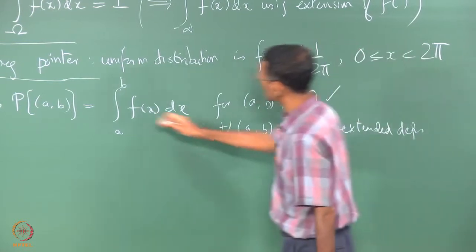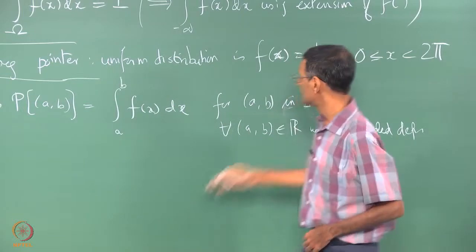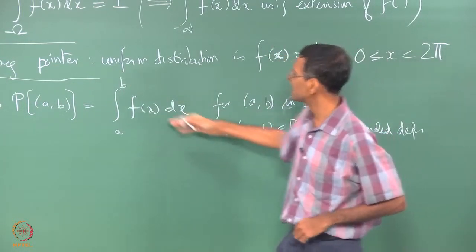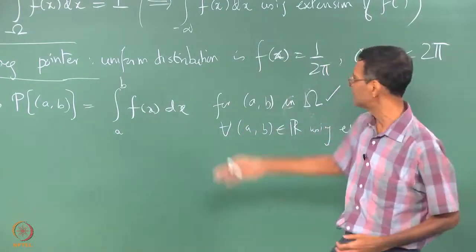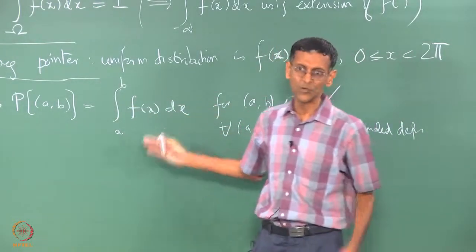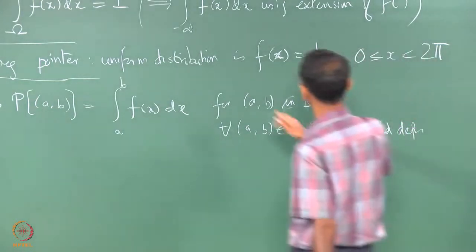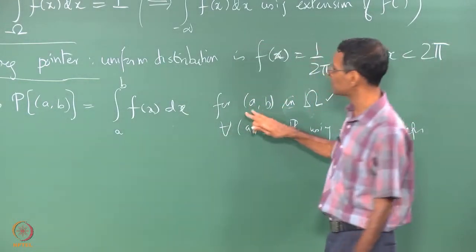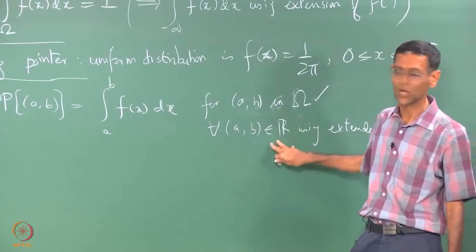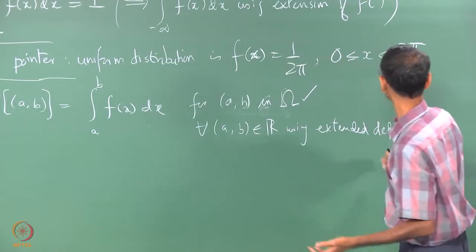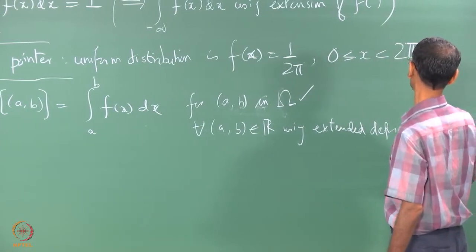And the point is that because you get a null event, you do not have to say that it is explicitly 0. You can live with this integral of a 0 function and you do not have to keep making special cases. But the non-zero probabilities are obviously going to come only here. They cannot come from the extended definition of f, right.